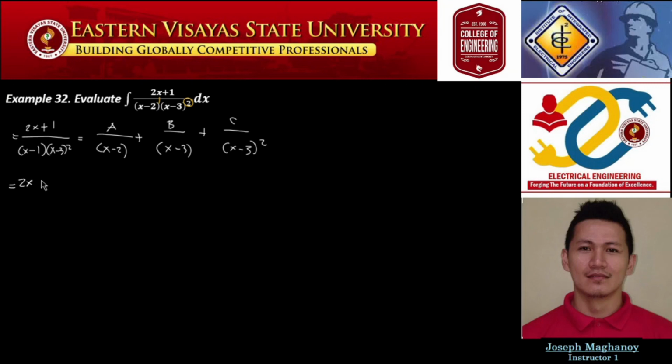So if we rewrite it with respect to its LCD, that is 2x plus 1 equal to your a. If you're writing for your a, you will only copy the c only. Why? This is only a dummy that is equal to 0. So a times x minus 3 squared. How about for b?